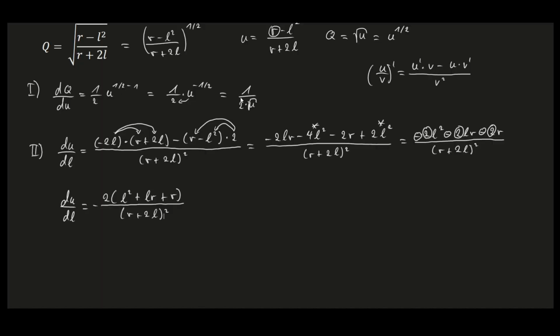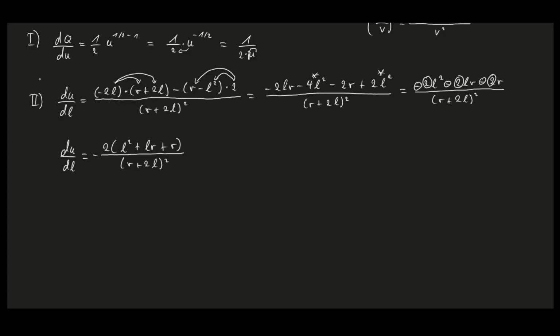And in the next step, we have to use the chain rule. We have to multiply these two steps, 1 and 2, so that we get the derivative of the equation Q with respect to the letter l. dQ over dl is dQ over du times du over dl.